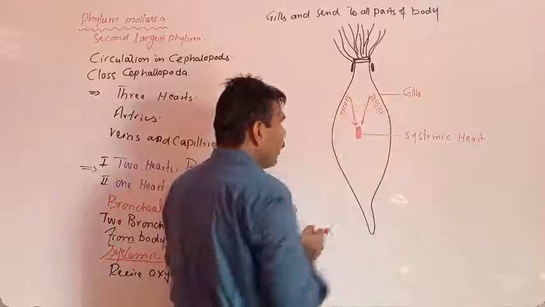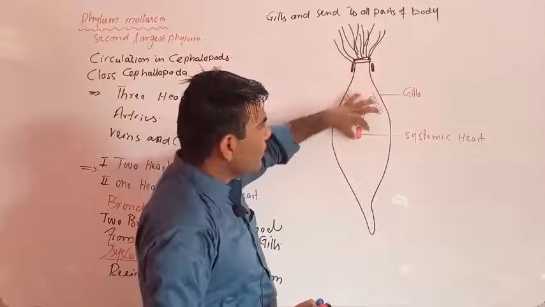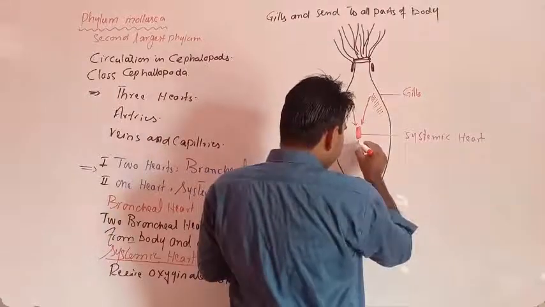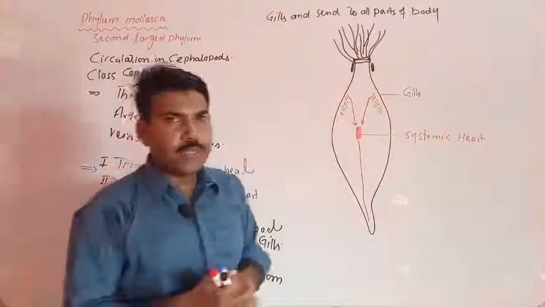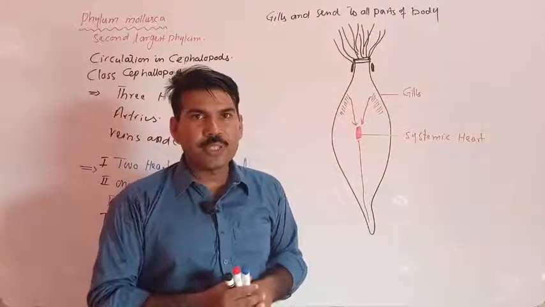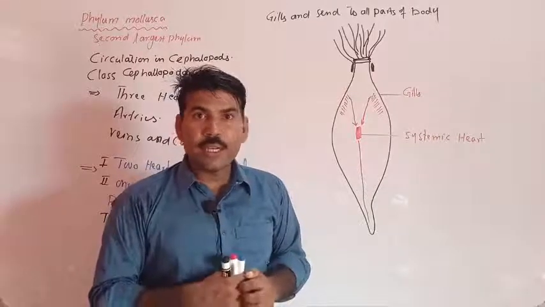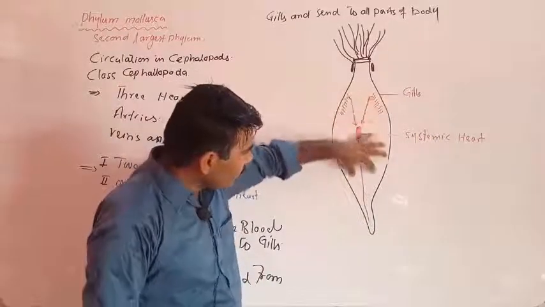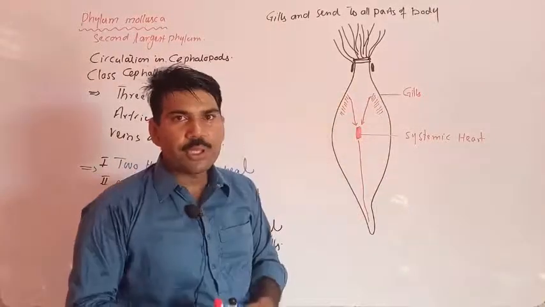The oxygenated blood is coming from the gills towards this systemic heart, and this systemic heart delivers the oxygenated blood into the body. So we know that oxygenated blood is delivered to the body for the process of respiration in the different parts of the body, and the purpose of respiration is to make energy for functioning or movement. So this oxygenated blood is delivered by the systemic heart to all parts of the body for respiration.